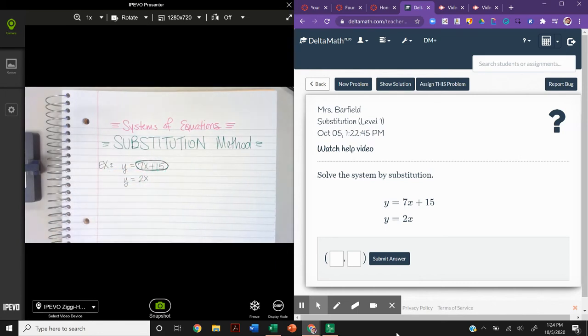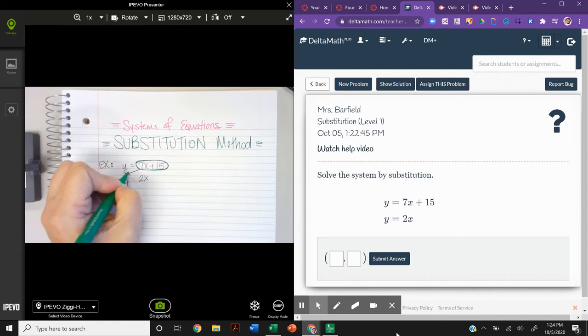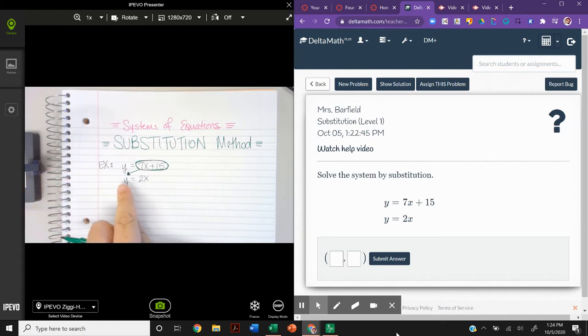We're going to substitute that whole circle into the other equation where y is. Because I've been told that y equals 7x plus 15, but I know that y equals 2x. Well, they are also equal to each other.